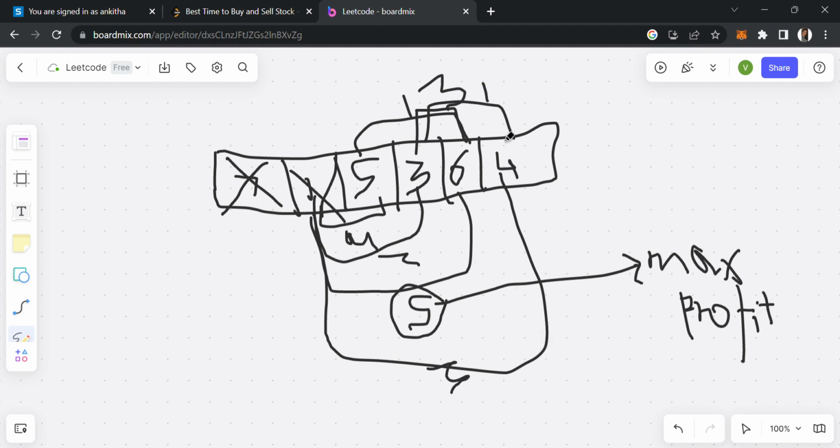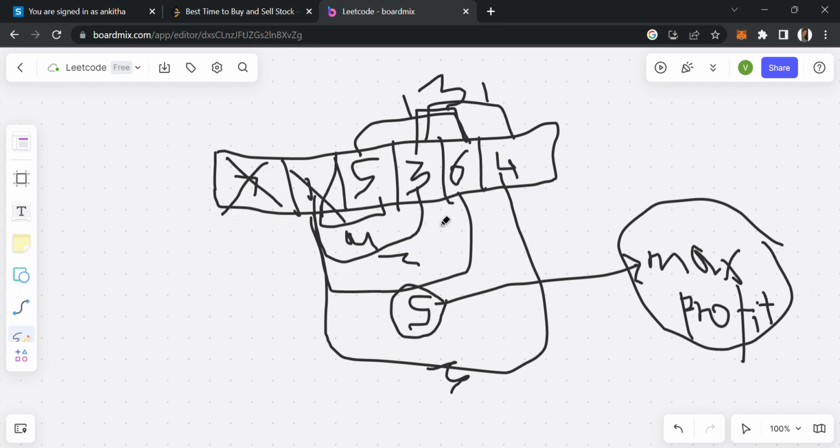So what have you understood from this? You're comparing each price with the next prices in the array, right? So you'll be needing two loops: for the outer loop, you'll take the price, and in the inner loop you compare it with all other prices in the future days. And also you can see we need a variable declared called max profit.